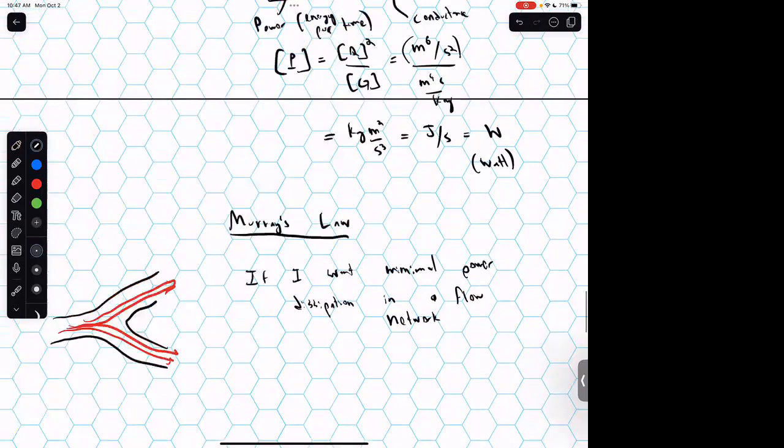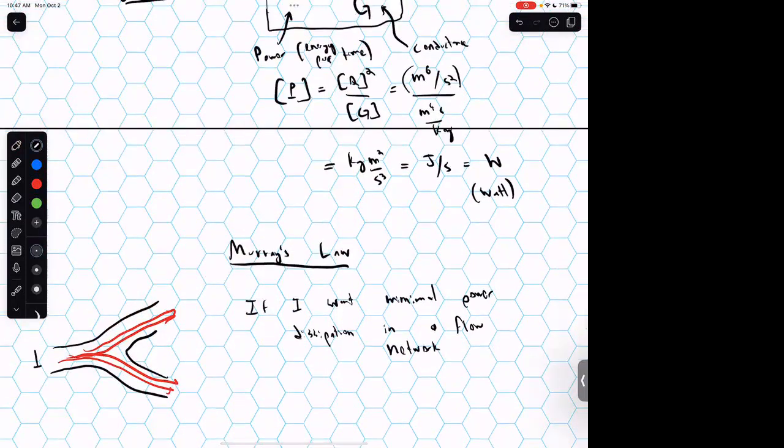So if I have a starting radius, I'm going to just call this big R, and that's going to be the radius of a blood vessel or some pipe before some bifurcation. And that splits into two new vessels, which have RA and RB. So the big pipe splits into two new pipes.